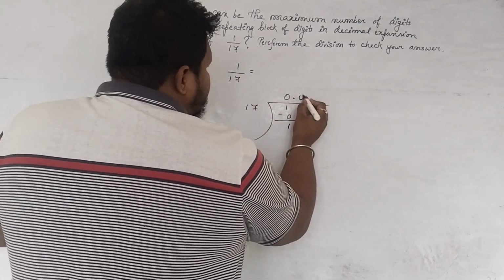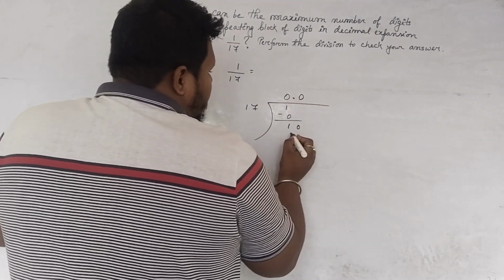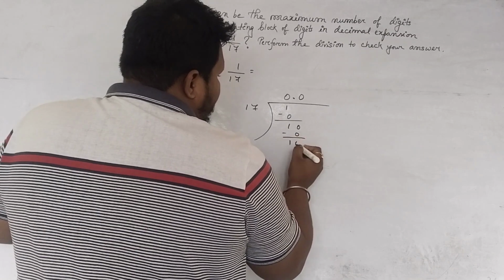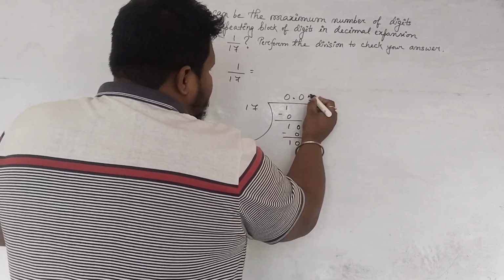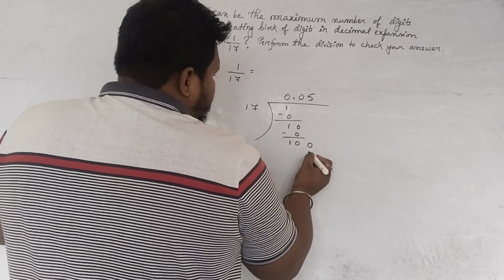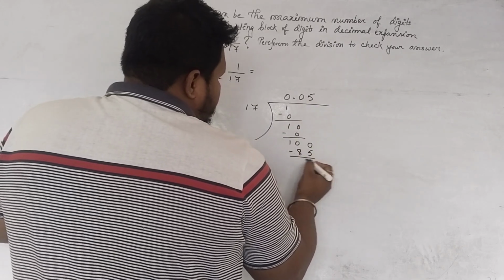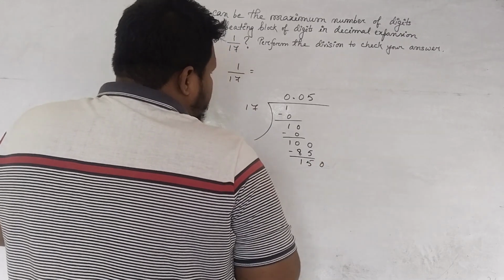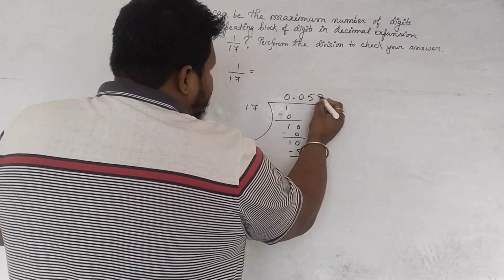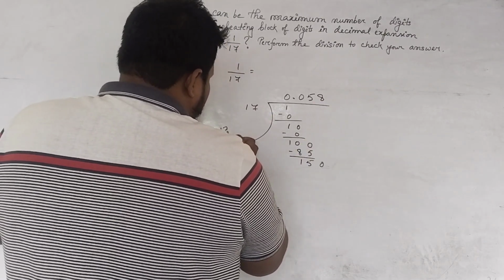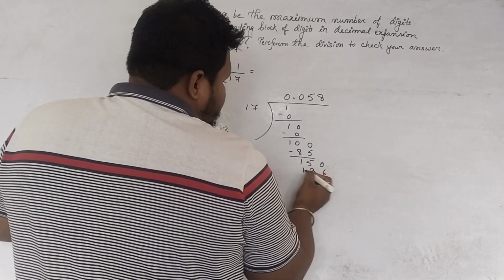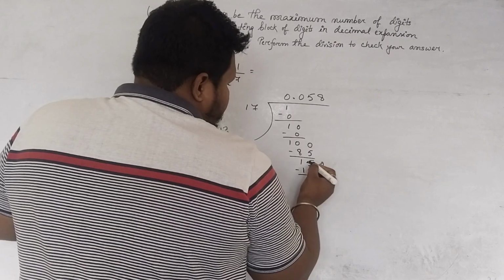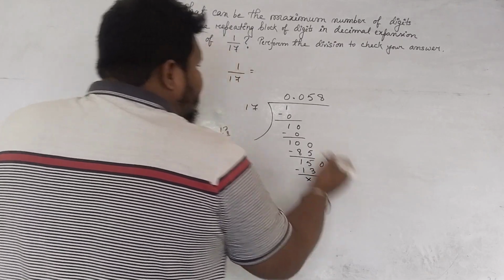So 17 zeros are 0 again, because 10 is smaller. So 100, 17 5s are 85. Then 15. After that 0 will come. 17 8s are 136. After that 14. Like that it will go on.